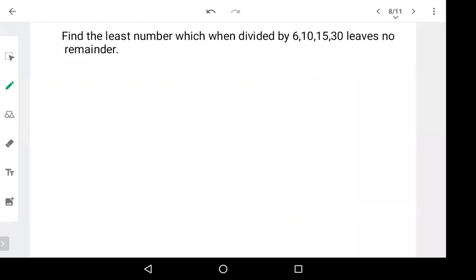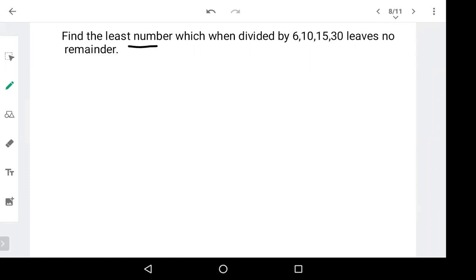Now in LCM, how to identify it as LCM is, the question will say least number. You are supposed to find the least number which when divided by 6, 10, 15, 30 leaves no remainder. Here they are saying leaves no remainder.